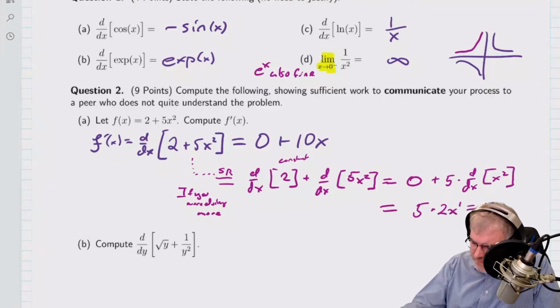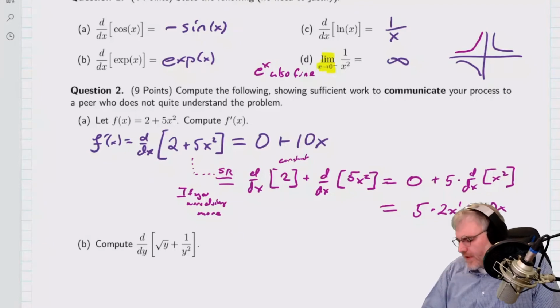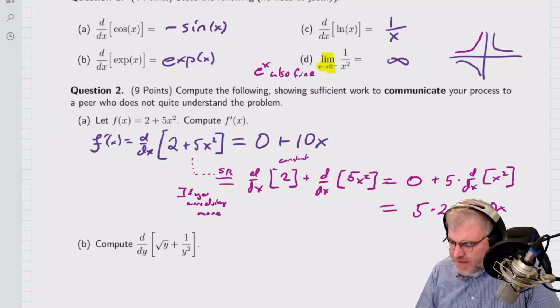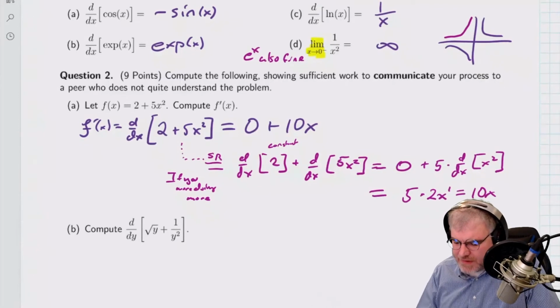So you could have gone either one of those roads. The important thing is that you communicate what happens to that 2. Because otherwise you're like, well, what happened to the 2? Did it like minus something here or something? You just have to show what happens to the 2.